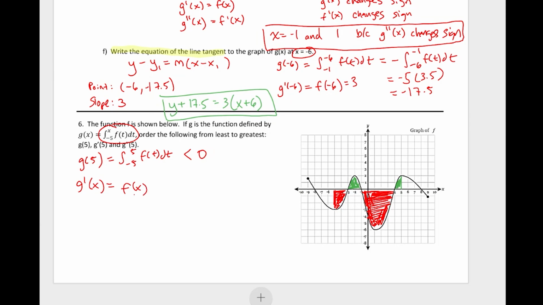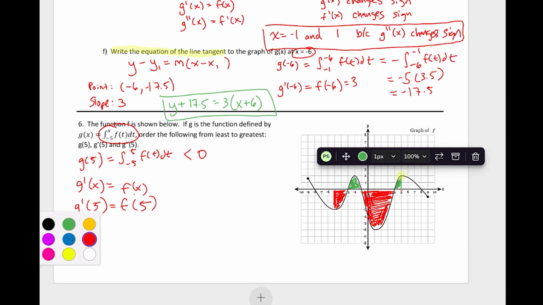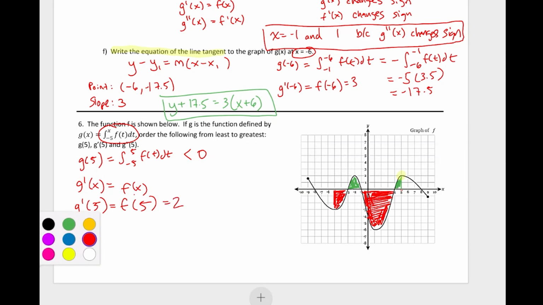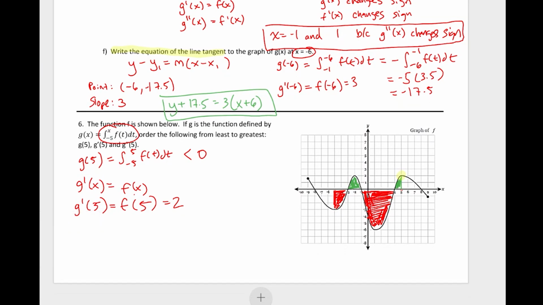So if we're going to find g prime of 5, what we really want is f of 5. It's asking for the y value when x is 5. And we can see this one we're actually going to be able to find pretty easily. We can see this one's labeled. Even if we're not 100% sure, it sure does look like the height there is 2. So g of 5 is some negative number, and g prime of 5 is 2.